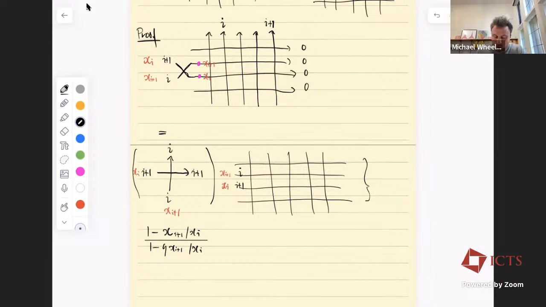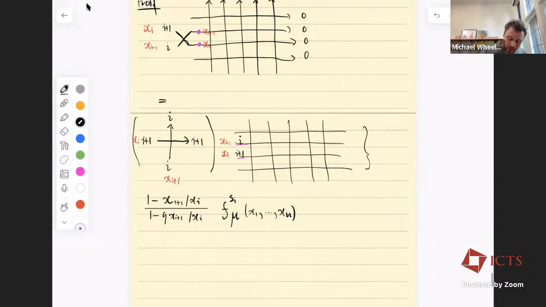In fact, it's almost identically the same. The only thing that has changed is that i and i+1 have switched their ordering here at the left. So this function, I'll give it a shorthand that we haven't used before, actually. So I'll continue to call this f_mu in the x's, but I'll put a little superscript here, s_i. And that's just to indicate that those two colors have been switched at the left boundary.